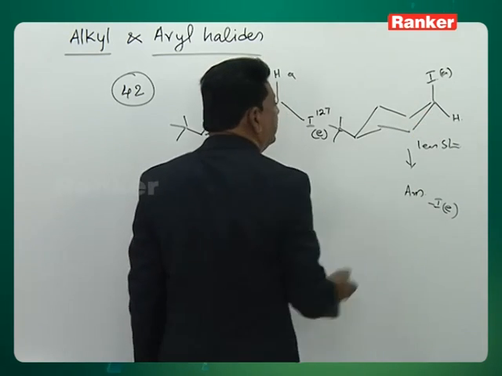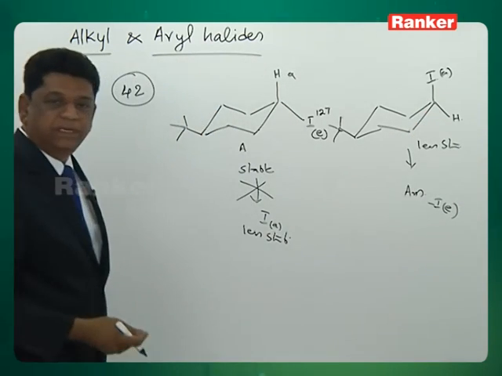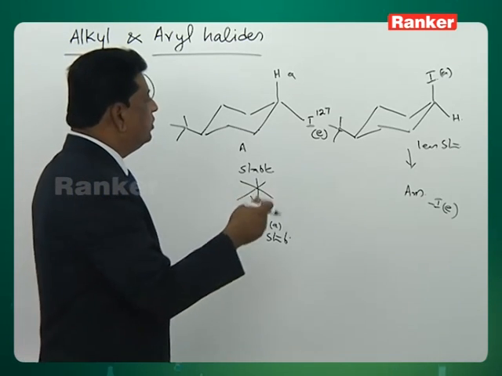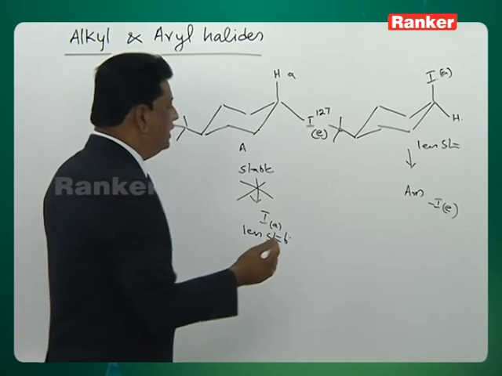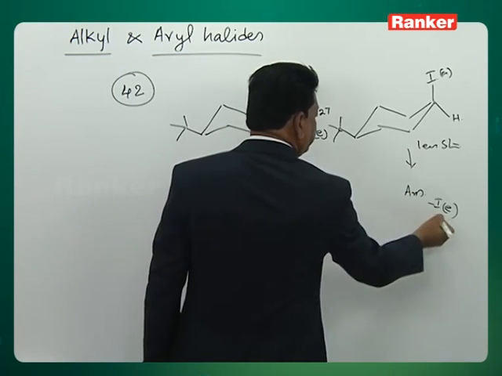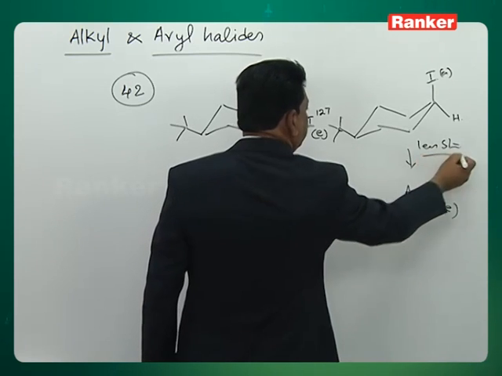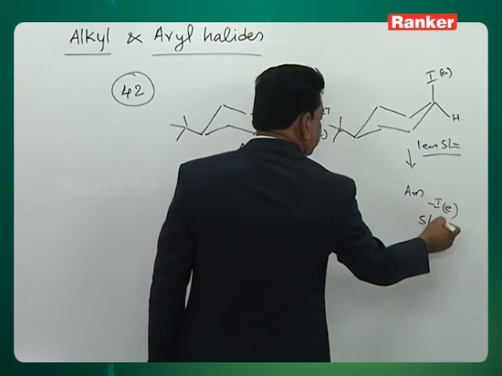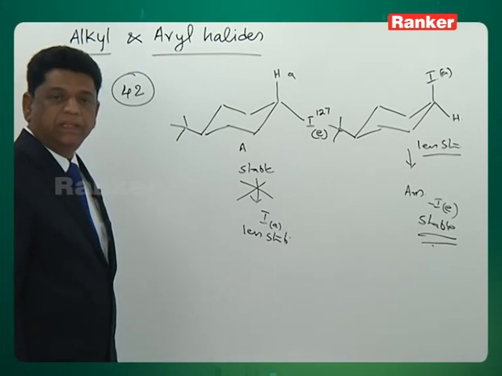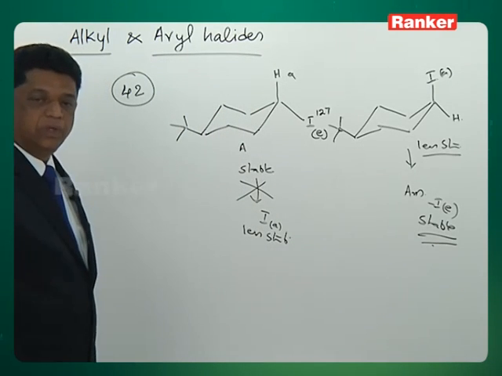In an SN2 reaction, 100% inversion takes place. But in an SN1 reaction, the reaction takes place through a carbocation, so the final answer will have a stable product. Less stable will become the stable product. So the second compound, B, will undergo the fast reaction.